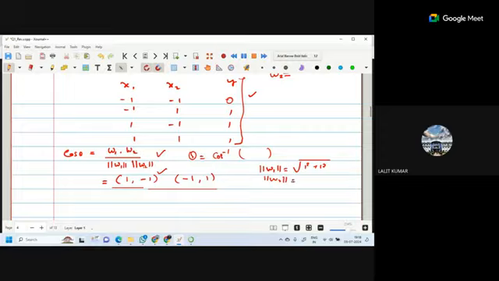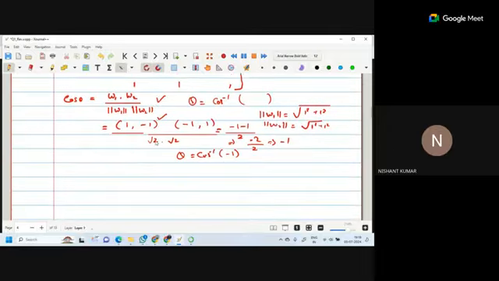W2 also becomes root of 1 square plus 1 square. So this will be root 2 into root 2, and the numerator is -1 divided by 2. So -2 by 2 is -1. So theta will be cos inverse of -1. So remember this formula.